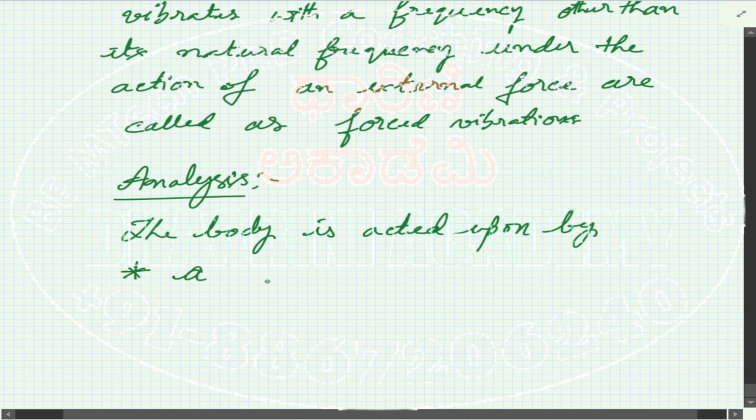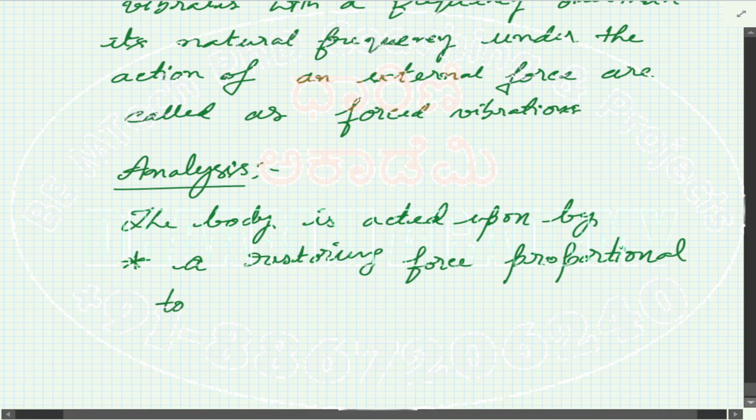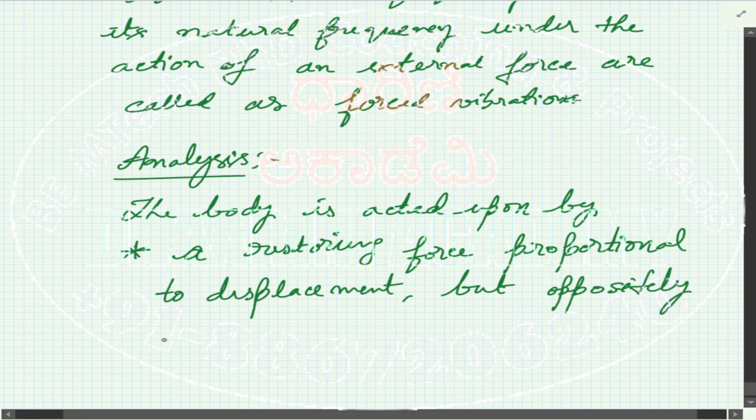This is there for every oscillation or vibration. The restoring force is always proportional to the displacement, but it is oppositely directed.